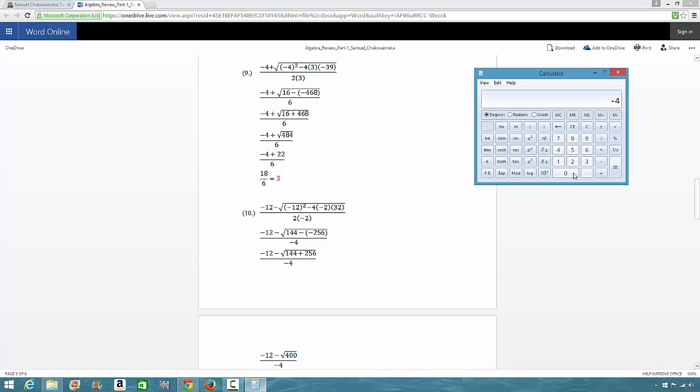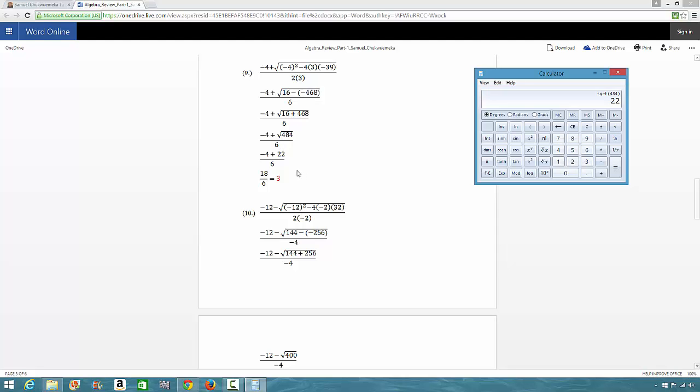And this is how you get your square root. You press 484 and you press the square root. Oh, my bad. Clear. You press 484 and then you press square root. Okay, 22. That is this.